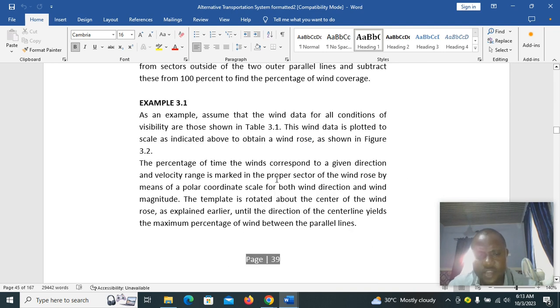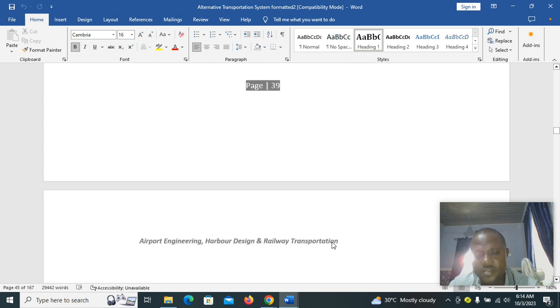So the percentage of time the winds correspond to a given direction and velocity range is marked in the proper sector of the wind rose by means of a polar coordinate for both wind direction and wind magnitude. The template is rotated about the center of the wind rose as explained earlier until the direction of the center line yields the maximum percentage of wind between the parallel lines.